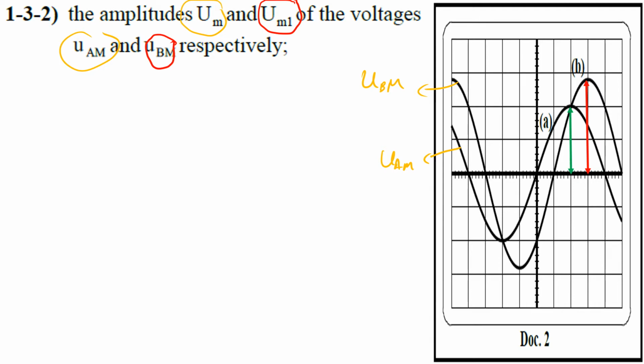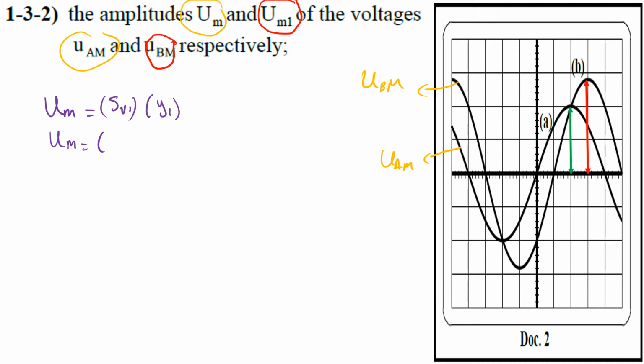Now, UM is equal to the vertical sensitivity for curve 1 multiplied by how many divisions we have vertically. So UM is equal to, I chose UAM for this one.